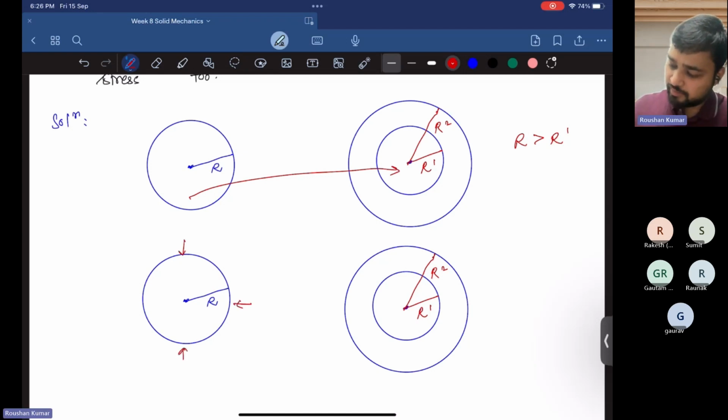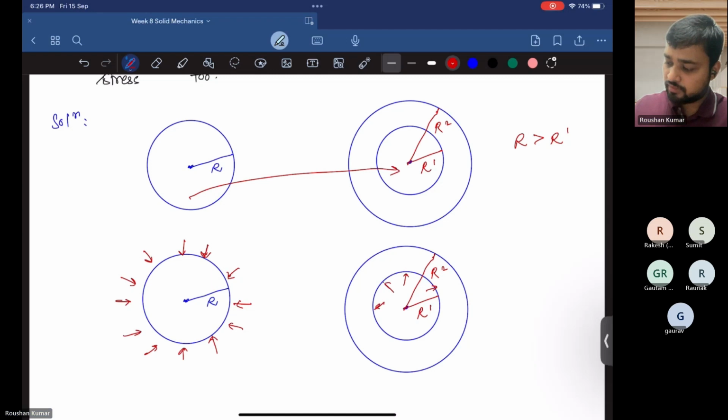And the hollowed part of the disk is trying to expand, because to maintain equilibrium, if the pressure is acting downward in the solid disk, then the pressure must act upward in the hollow disk.